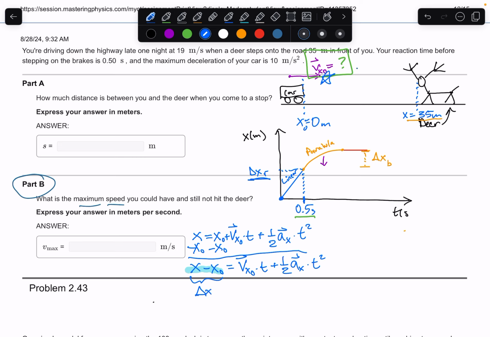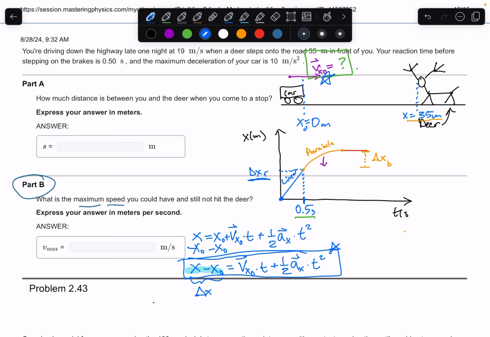So I'm going to utilize this kinematic for both sections. Everywhere that we have a different acceleration, we have a different kinematic. So delta x reaction is equal to Vx initial, which is our unknown, times t, plus 1/2 ax t squared.